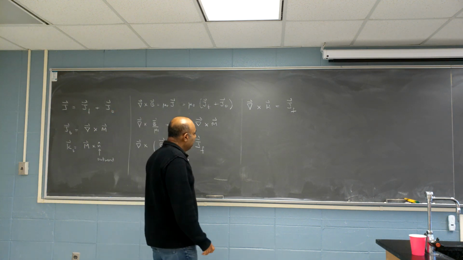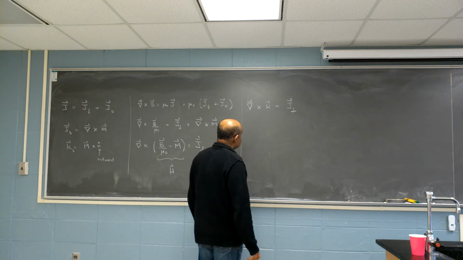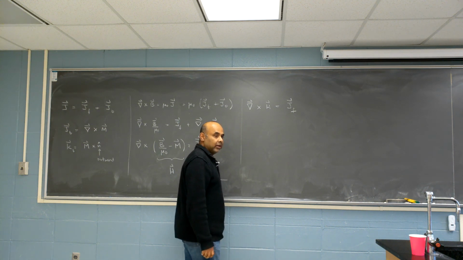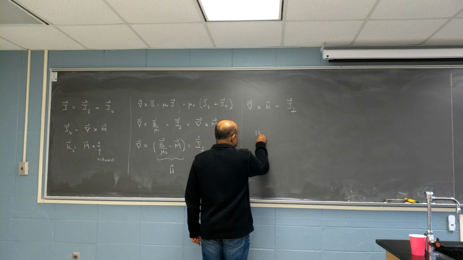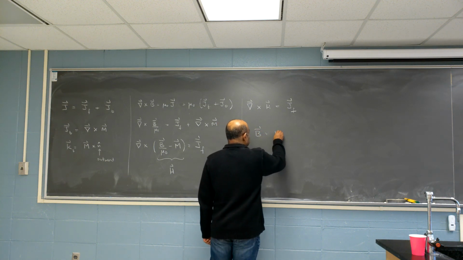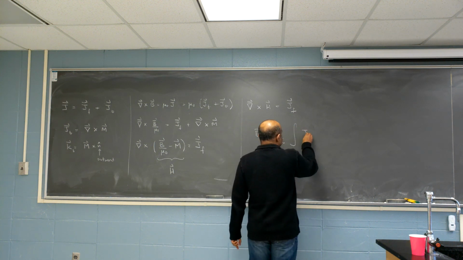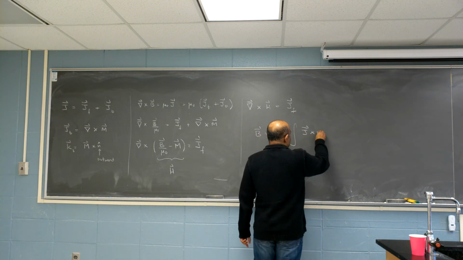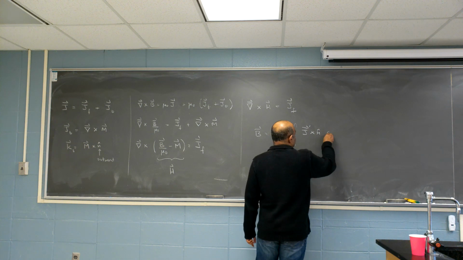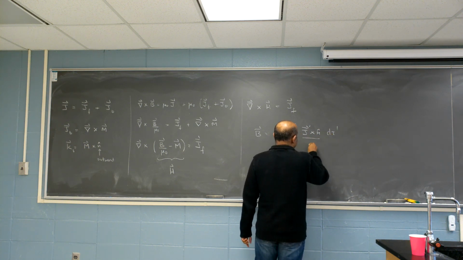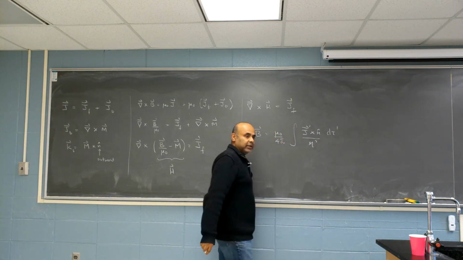So maybe, he calls this a deceptive parallel. See, Biot-Savart's law says B equals mu0 over 4 pi, integral of J cross, so J prime d tau prime, correct?